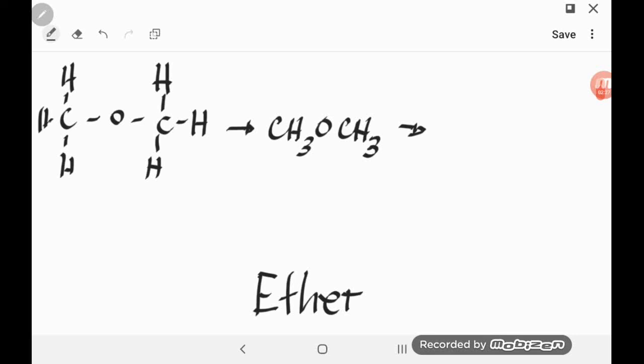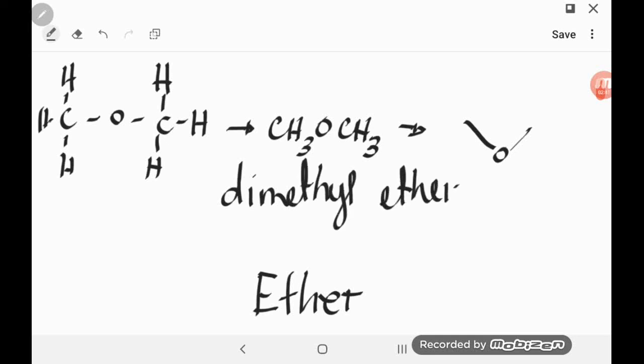And the line structure would appear to be like this. This ether is known as dimethyl ether. Ethers are used as anesthetic in hospitals, organic solvent, and as extraction agent. The last type of organic compound is an alcohol.